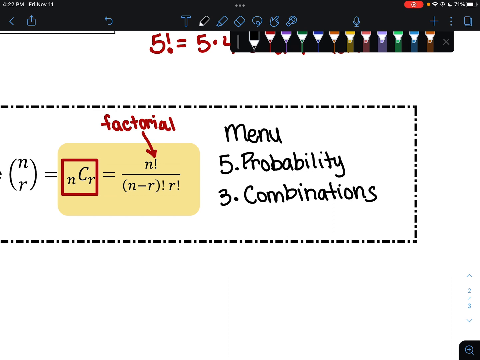So once you do that, in your calculator, it's going to say NCR, and then it's going to have 2 parentheses, and we're going to type stuff in our parentheses.